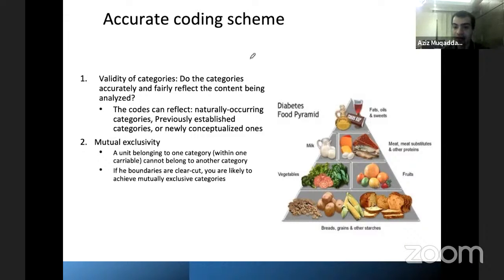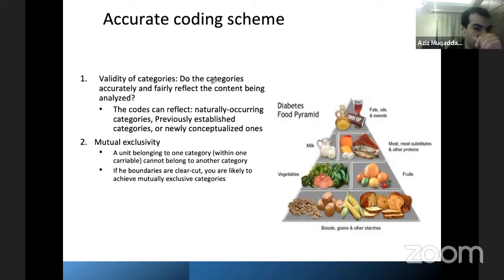Then one big issue is mutual exclusivity. When you say something is mutually exclusive, that means one unit cannot belong to more than one category. So if you have four different themes or categories, each unit of analysis has to belong to one.